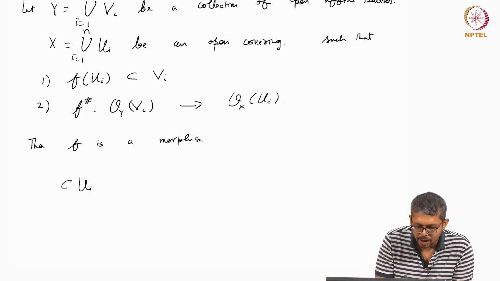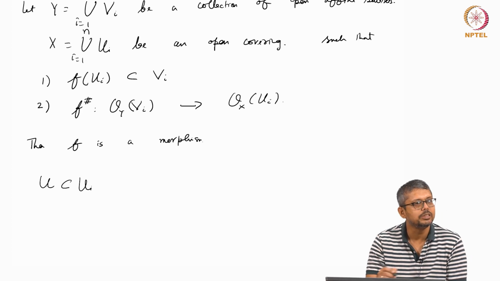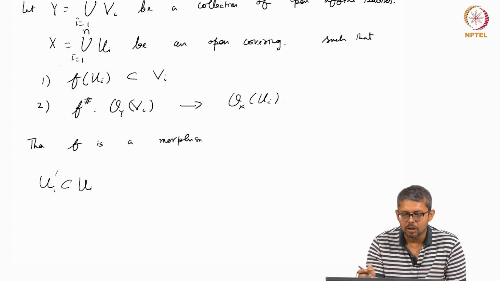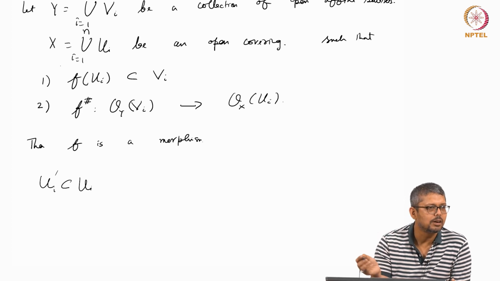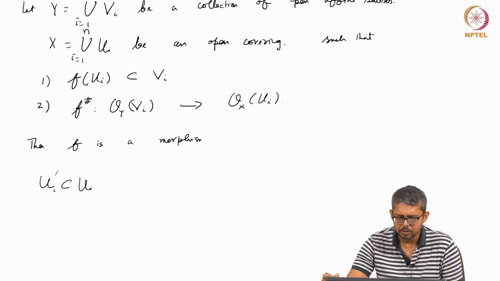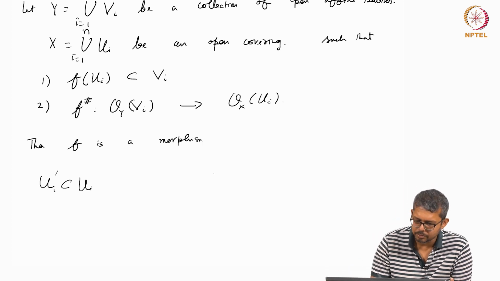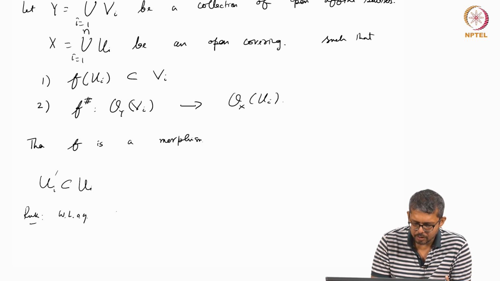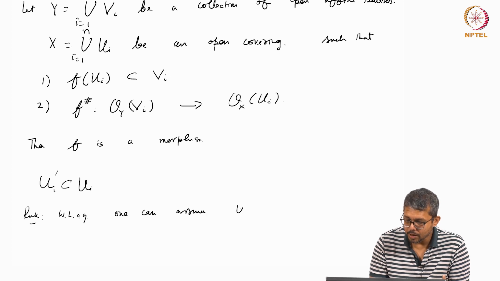So for every U_i, I can choose an affine open subset U_i prime. So without loss of generality, this is a remark: one can assume the U_i are also affine.